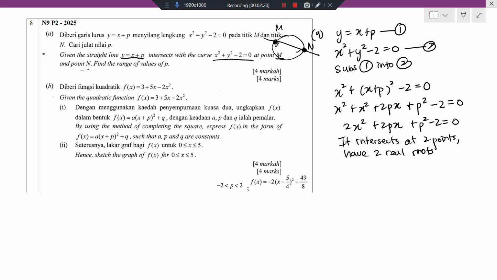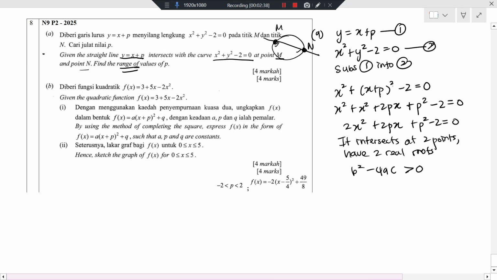So when it has 2 real roots, then b square minus 4ac should be greater than 0, right? Sebab kalau dia minta range, definitely we want to use the b square minus 4ac lah. But we need to determine whether it's greater than 0 ke, less than 0 ke. And they never mention what method we should use, so I will use the graph sketching method lah. I don't want to use the number line method because it takes time.